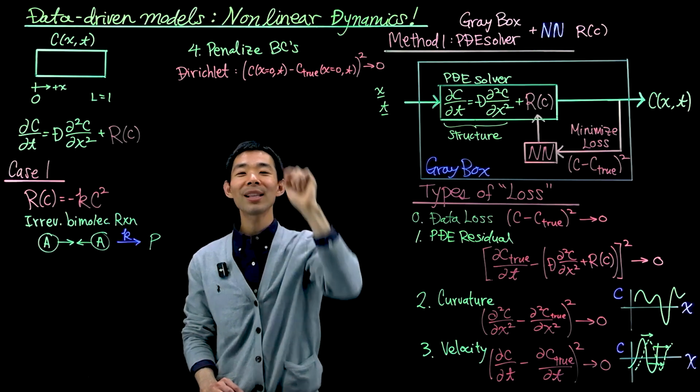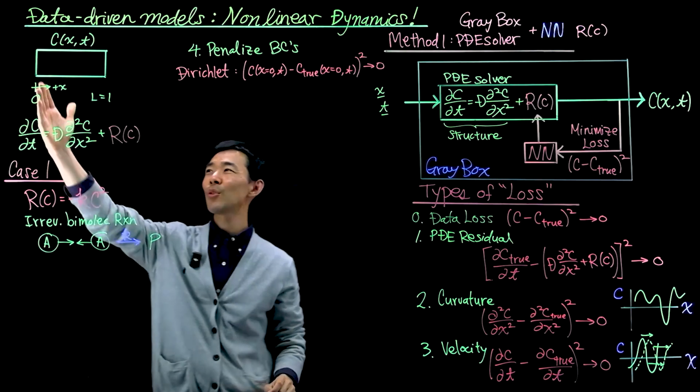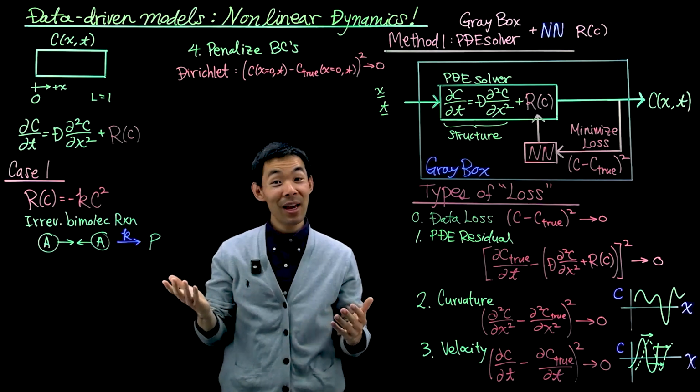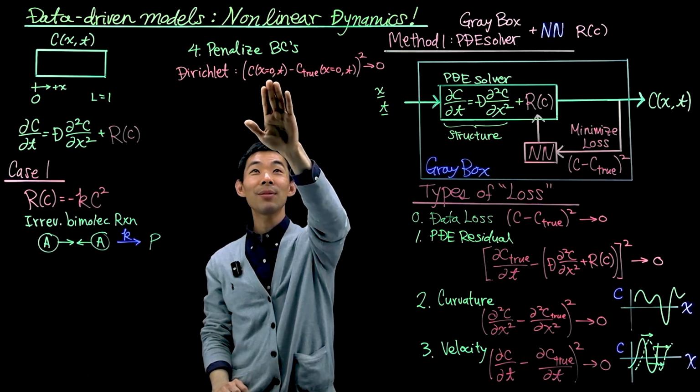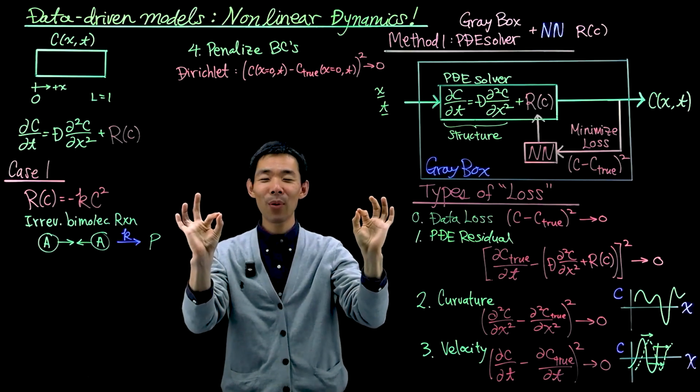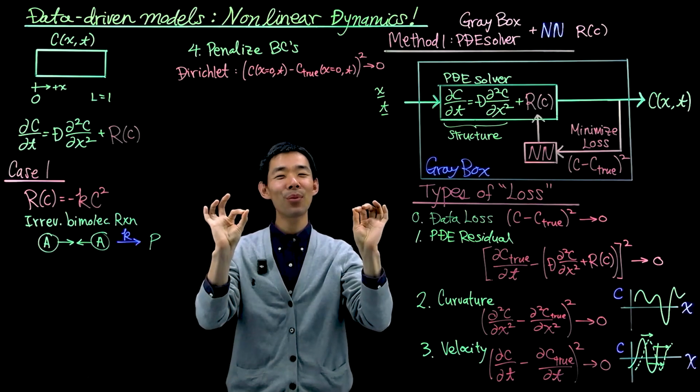Here I'm just showing a representative point, x equal to 0, which would be your left-hand side. But you can also include it on your right-hand side. You could include both penalties at x equal to 0 and x equal to L, and you just subtract the difference at those boundary points and make sure those are penalized properly.